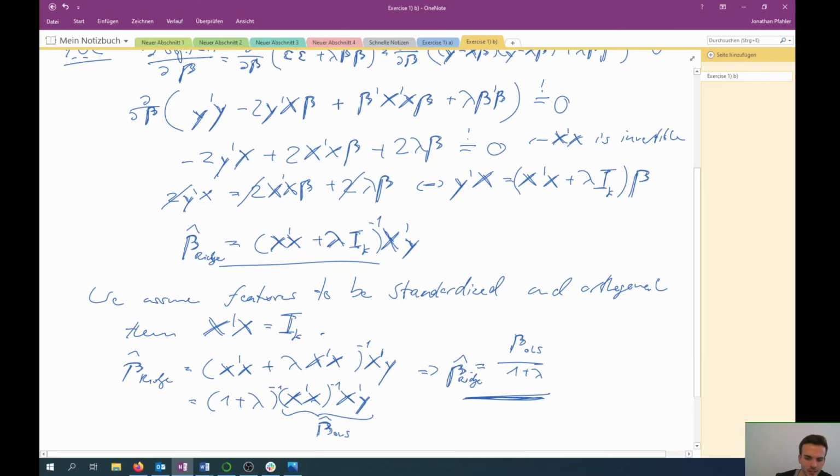Ridge regression penalizes complexity, and this we can see in the denominator here, which adds bias to the OLS estimator. This is what we also discussed last time, that the ridge regression will, with its penalty term, introduce bias or increase the bias and also reduce its variance.